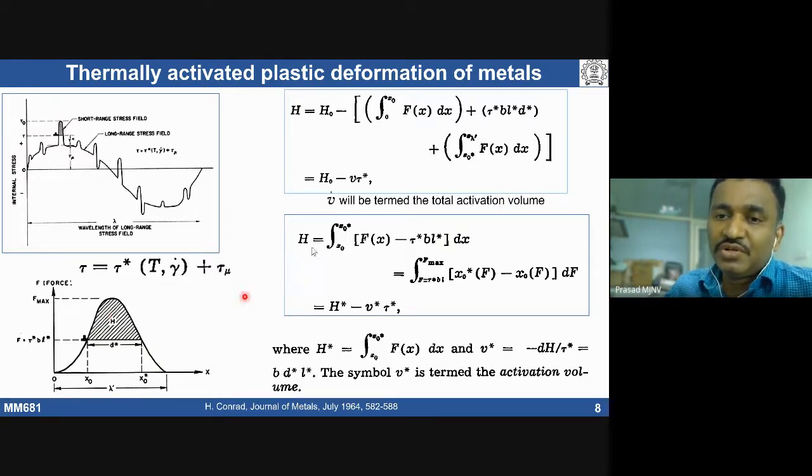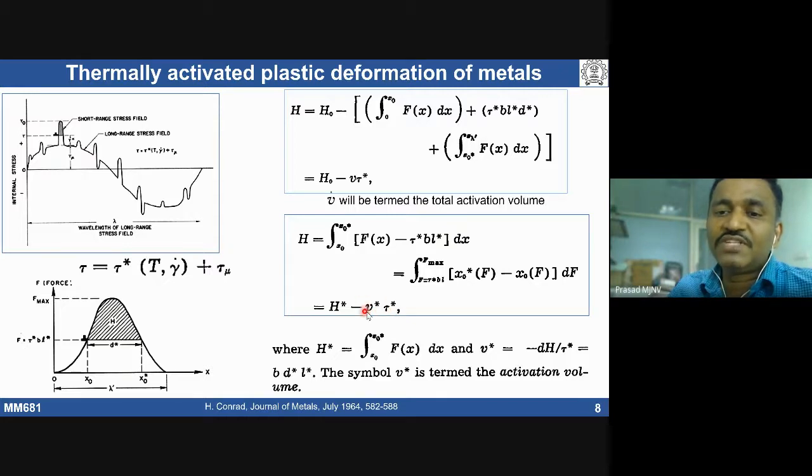Here we consider these three portions, which give you the total activation volume, but what actually participates? If you subtract this, tau star b L star, this force times d star, it gives you tau star times V star.